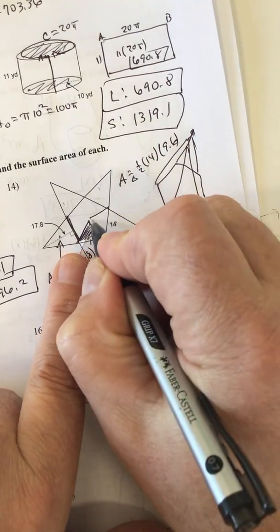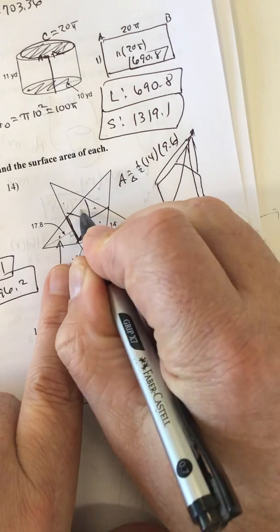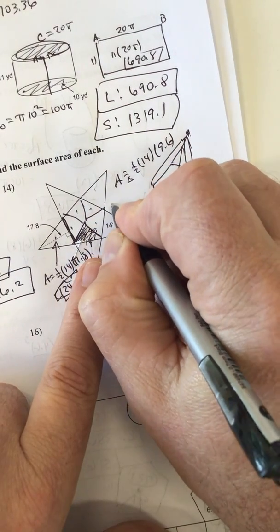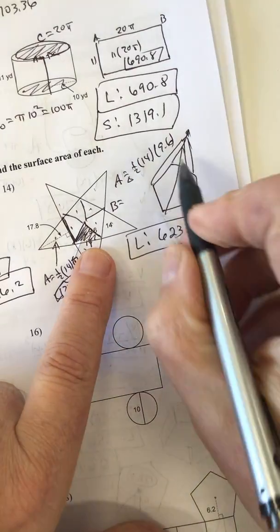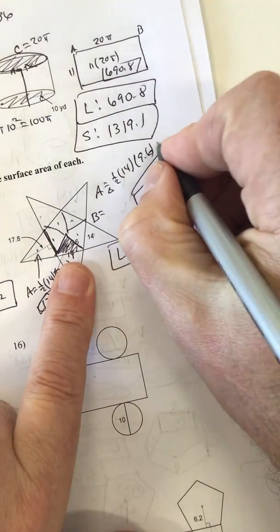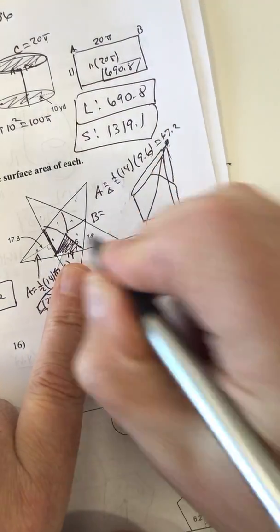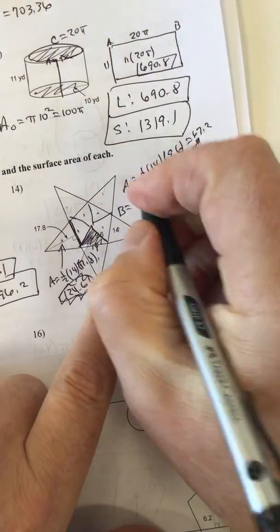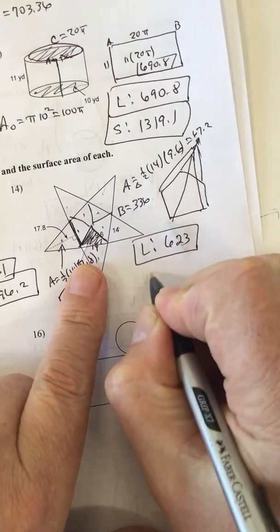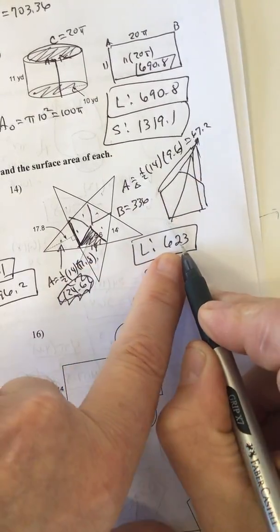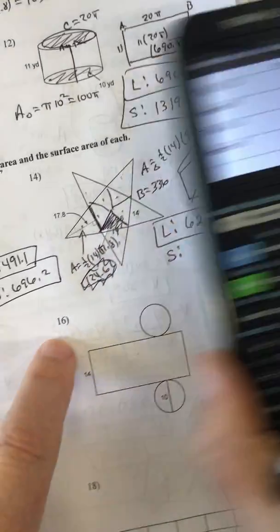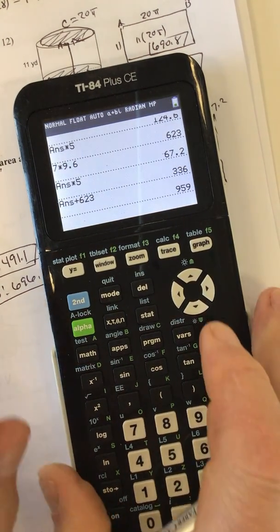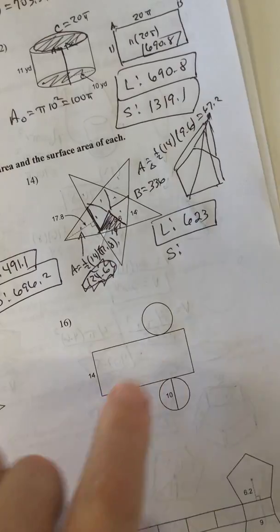Okay, there's 1, 2, 3, 4, 5 of those. So the area of the base is 67.2 times 5, which is 336. So the surface area is the lateral plus the base. So 623 plus 336 is 959.